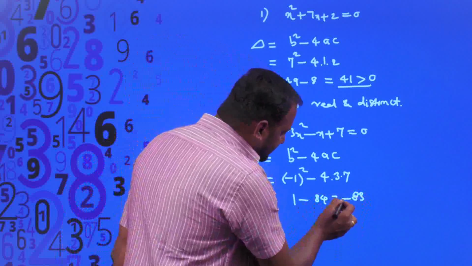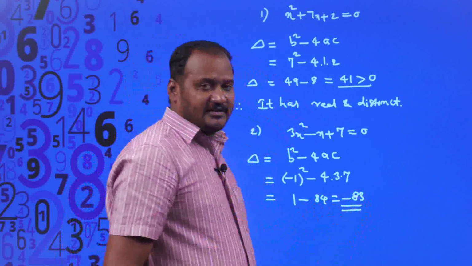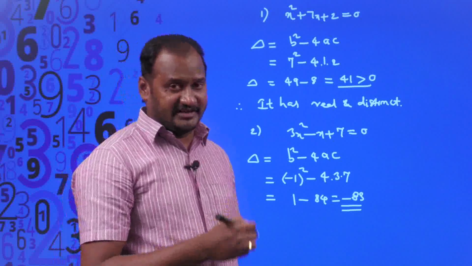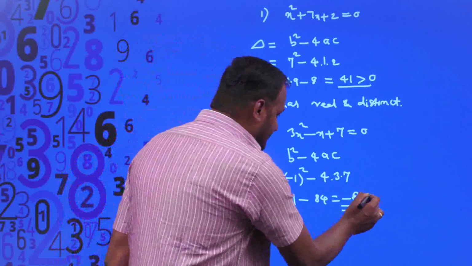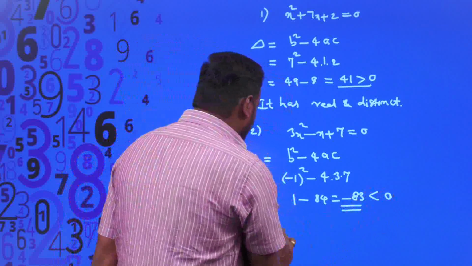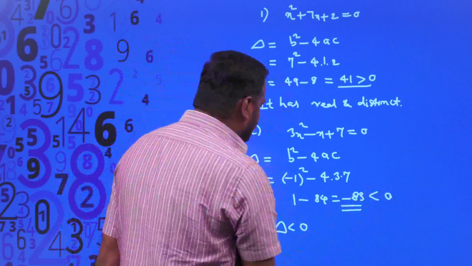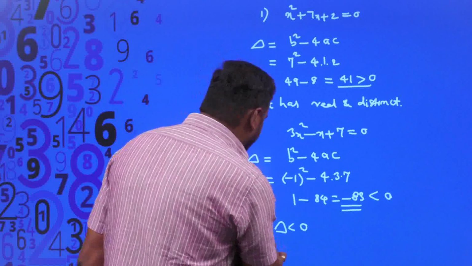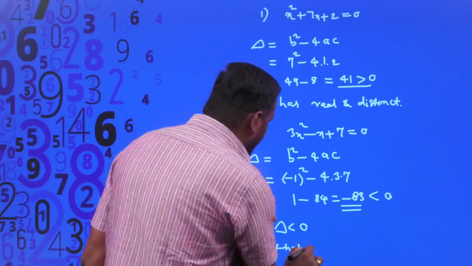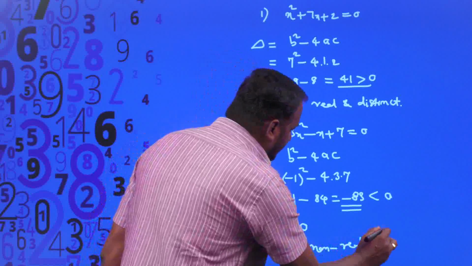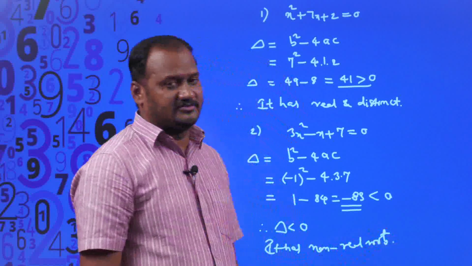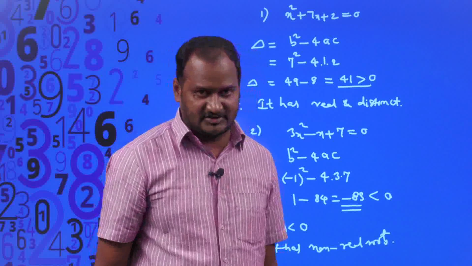Since it is a negative number, can we conclude that this quadratic equation has non-real roots? Yes, of course. Therefore, delta is less than 0, so it has non-real roots. And if they are non-real roots, obviously they are distinct roots.